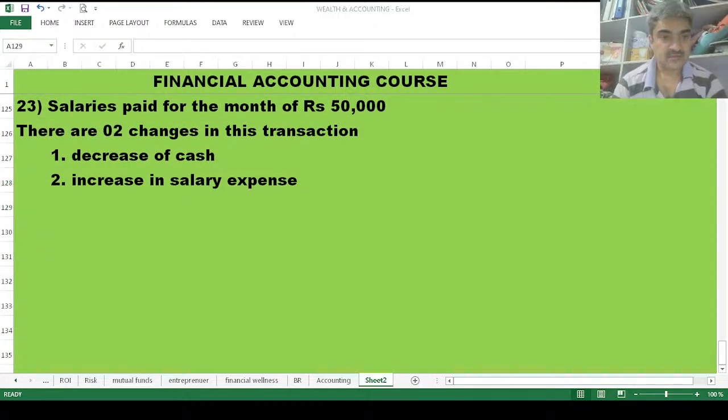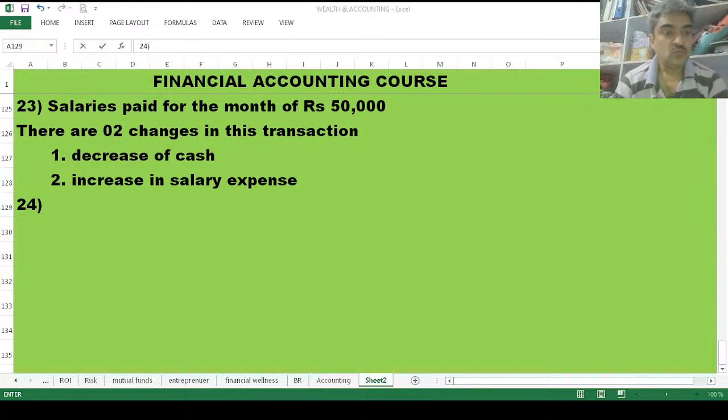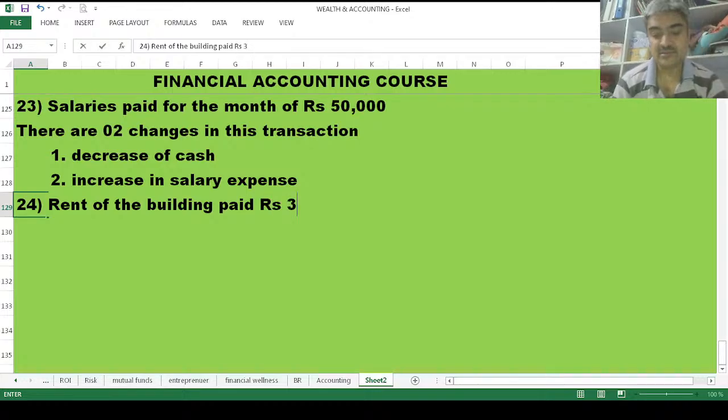I think there is also a transaction number 24, which says that rent of the building paid is 30,000.